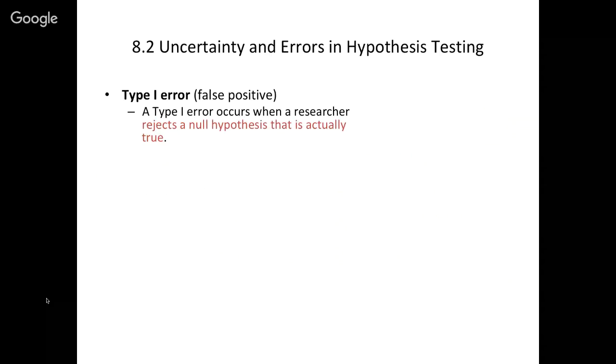A type 1 error occurs when a researcher rejects a null hypothesis that is actually true. The null hypothesis means we hypothesize that there's no effect. But if there is an effect, we just cannot find evidence to support it by chance, right? And then we have a type 1 error.